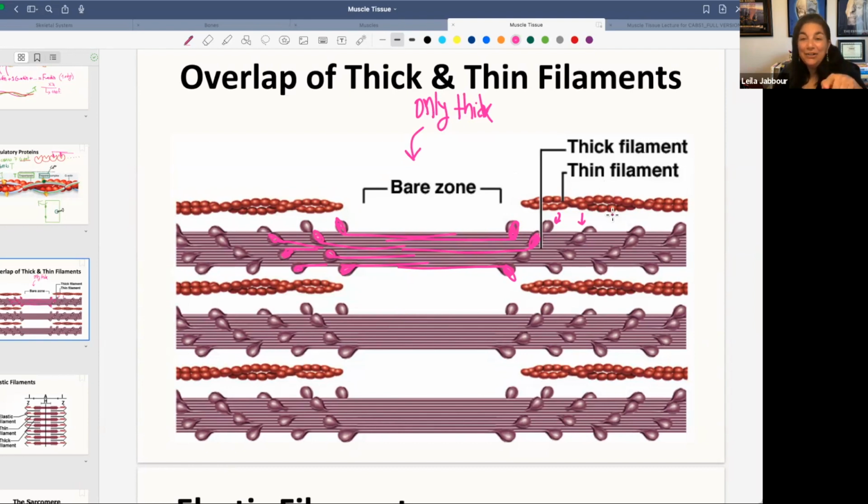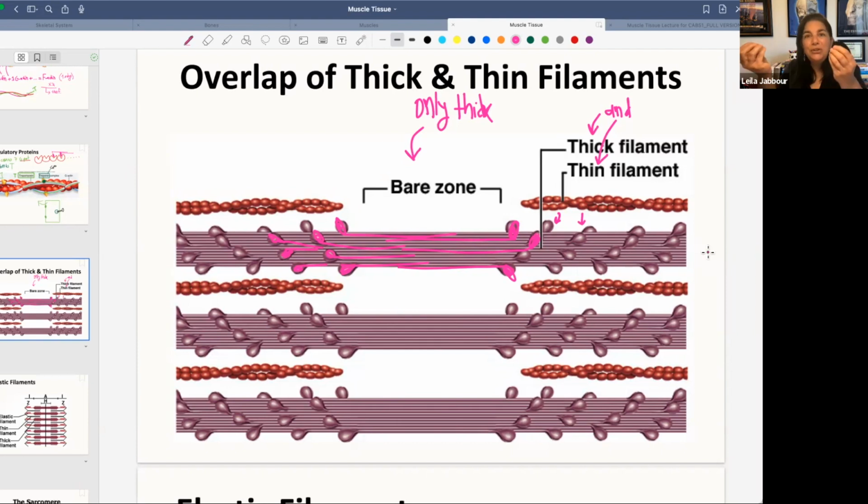Okay, and an area where you have both thick and thin, thick and thin together. These areas where both thick and thin are together have more material for the light to get through. So the light microscope, the light coming out of the bulb, goes through the tissue.